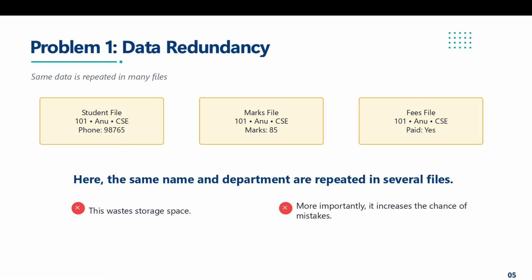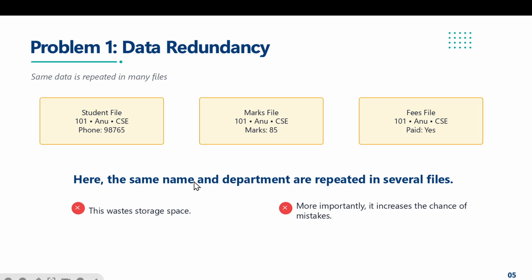The student name is Anu, belongs to the department CSC, and her phone number. In the marks file also, we may again store Anu's name and department. And in the fees file also, we may again store Anu's name and department. So the same data is repeated again and again.